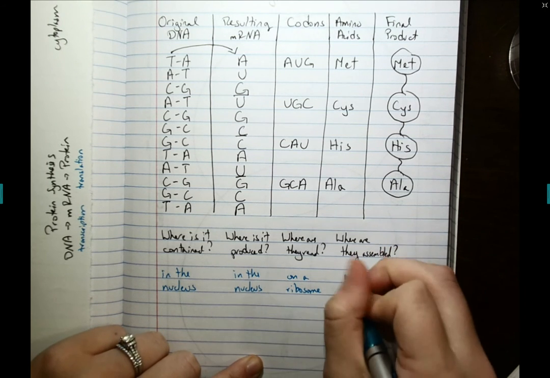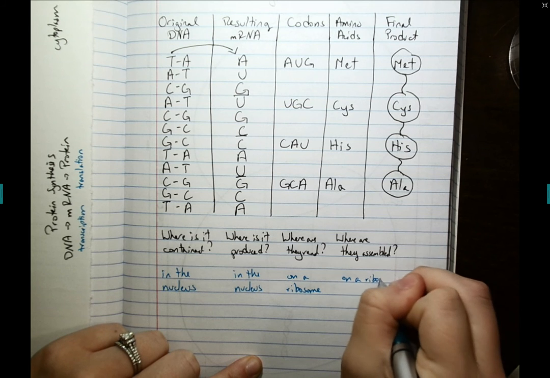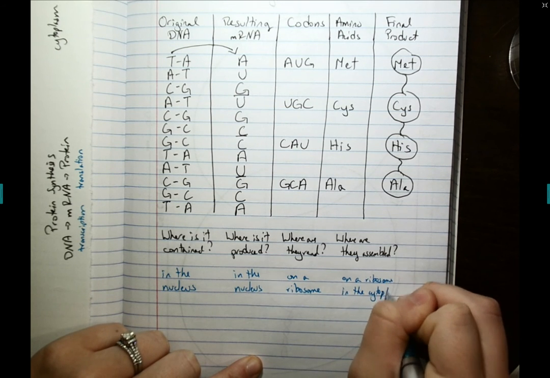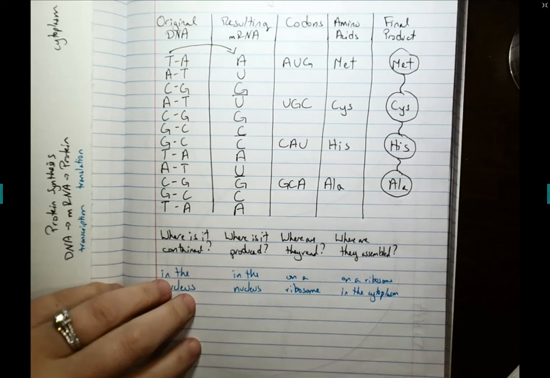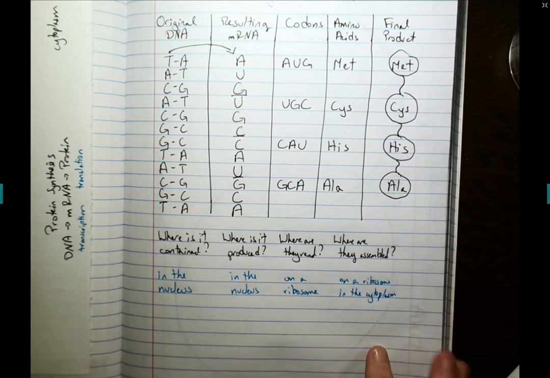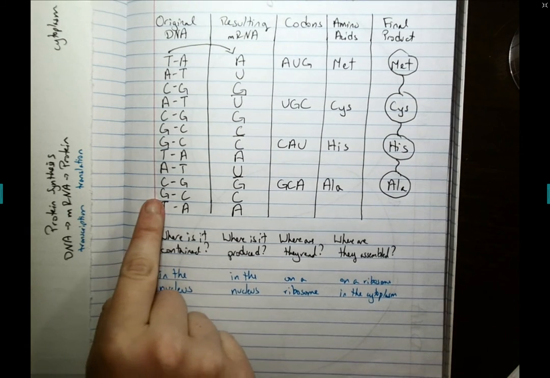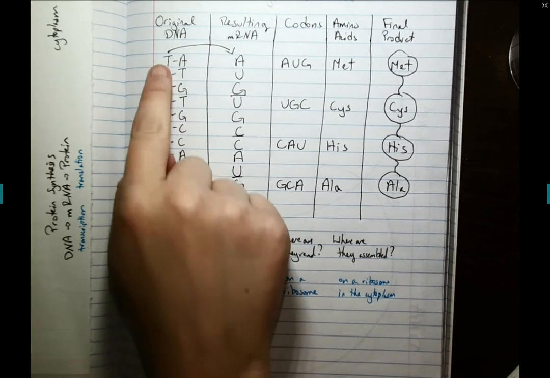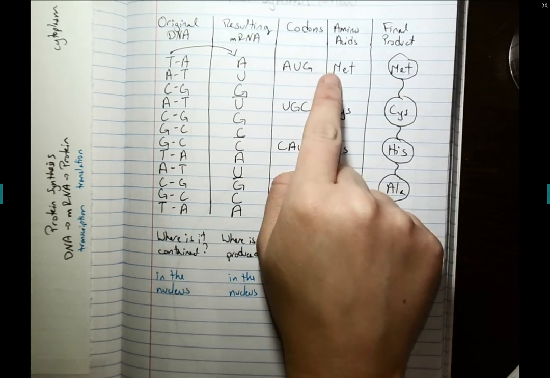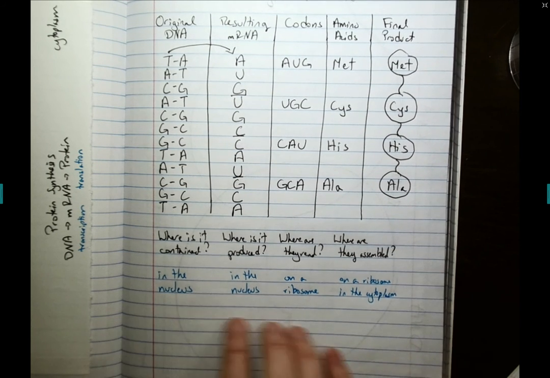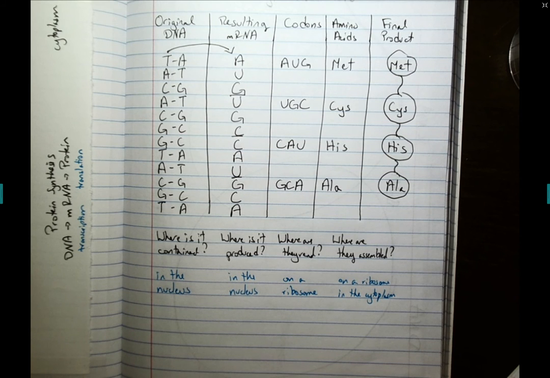They are assembled on a ribosome in the cytoplasm. So that's it for our notes here on page 61, showing the overall complete process of protein synthesis, transcription to translation, and answering a couple of questions down here at the bottom, just to remind ourselves where all of this is occurring in our cells.